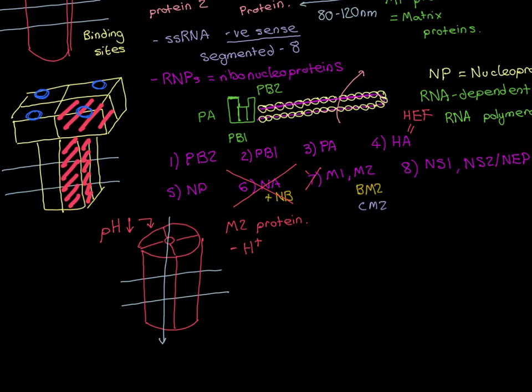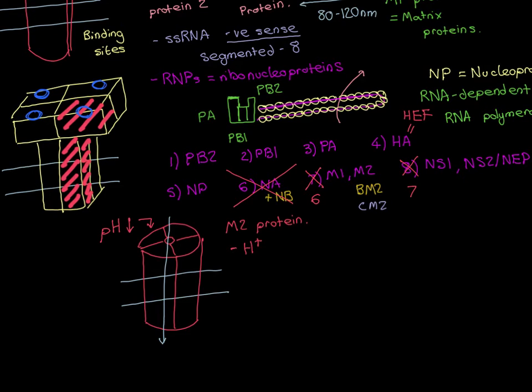It will contain the gene for M1, and then CM2, which is the Influenza C virus M2 ion channel, which again is not sensitive to the adamantane drugs amantadine and rimantadine, unlike the Influenza A M2 ion channel. And then number 8 is not going to be called number 8 anymore, it's going to be called number 7, and that still has the gene for the non-structural protein 1 and the non-structural protein 2 / nuclear export protein. So, Influenza C virus has 7 pieces of genomic material and only codes for 9 genes.